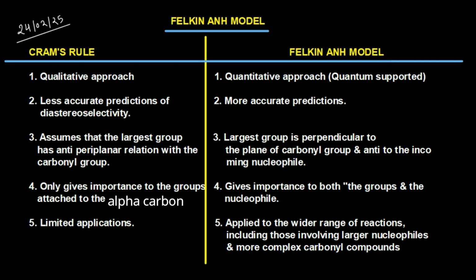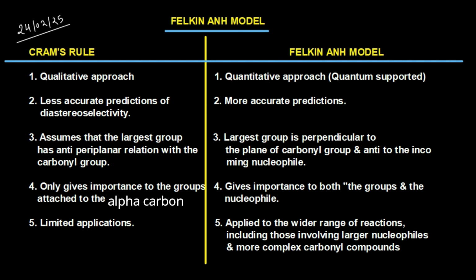First of all, we should know the difference between the two. So please remember, Cram's rule is a qualitative approach. It will only tell you that a particular diastereomer will form in the higher amount, and there is no prediction of the exact percentages. But this Felkin Anh model, which is supported by quantum mechanics, is the more fundamental one, and it will give you a quantitative idea as well.